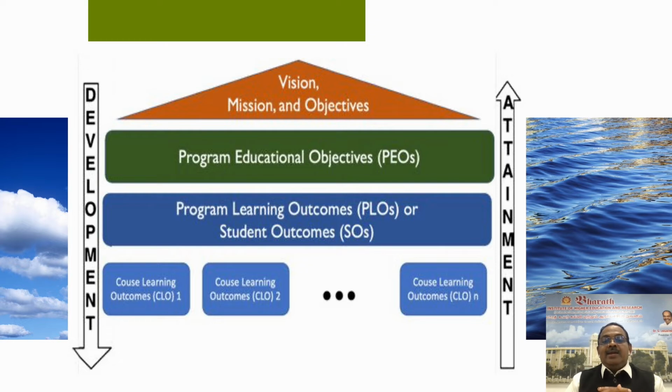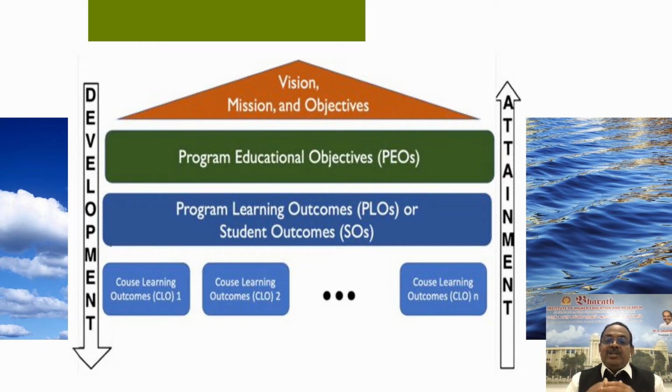In OBE, while developing the curriculum, teaching learning process, and the evaluation, the stages go from the upper to lower level. But to attain the desired outcome, the measurement is taken from the lower level to upper level.